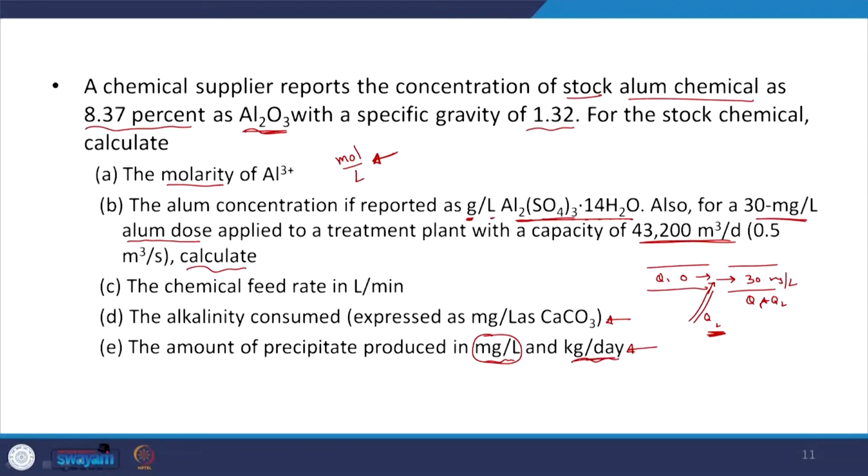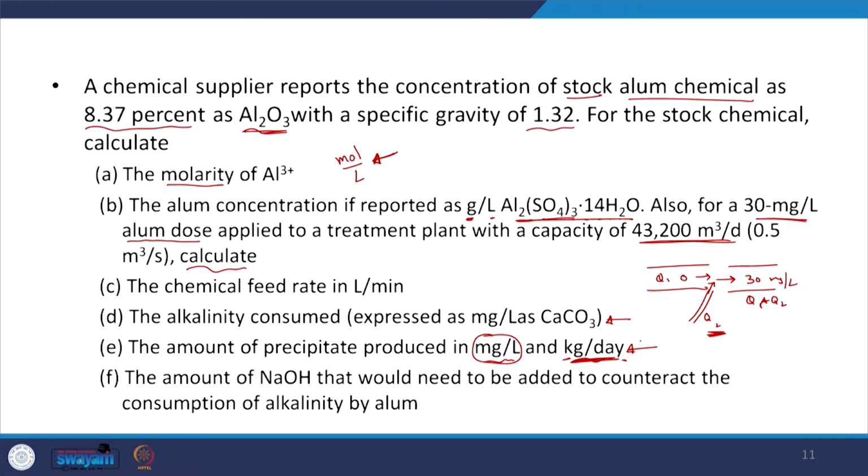But to say that something has precipitated out and that is per liter does not really work out. So, you have to clearly specify that milligram of this aluminum hydroxide has precipitated out from 1 liter of solution. And obviously, how much mass of the aluminum hydroxide has precipitated out per day.